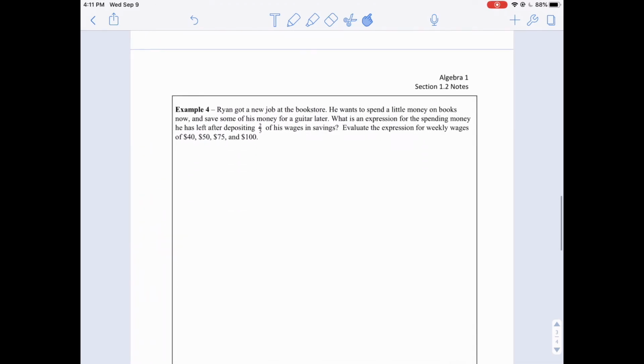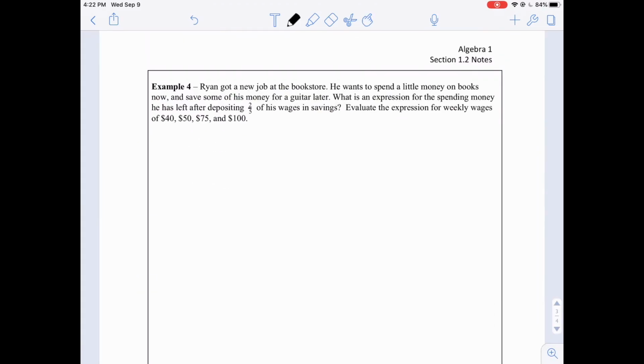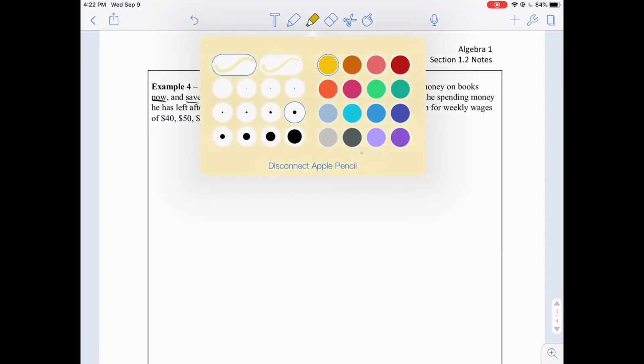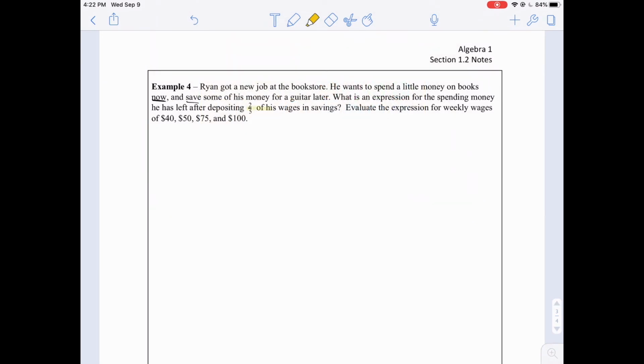Okay. Here's the big one. Ryan got a new job at the bookstore. Nice. He wants to spend a little money on books now. Sorry, excuse me, I have the hiccups. So he wants some spending money and he wants to save some money for a guitar later. So we need to write an expression for the spending money he has left after saving, after depositing 2/5 of his wages in savings.